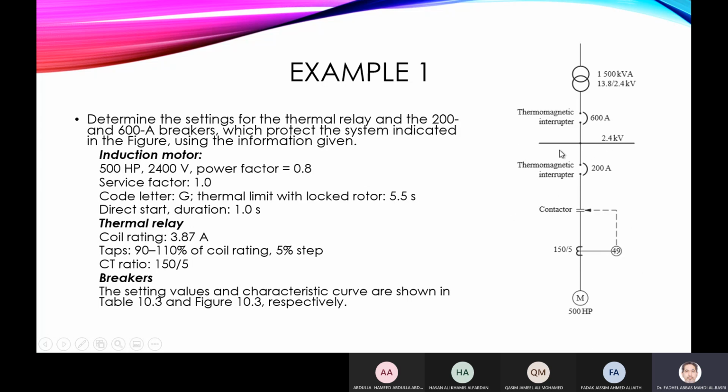I'm showing only one motor. And here the main breaker has 6 ampere of maximum current. This is also thermomagnetic. Thermo means it has a bimetallic element. Magnetic means it has a coil that provides fast action. So these are circuit breakers. This is also a circuit breaker.